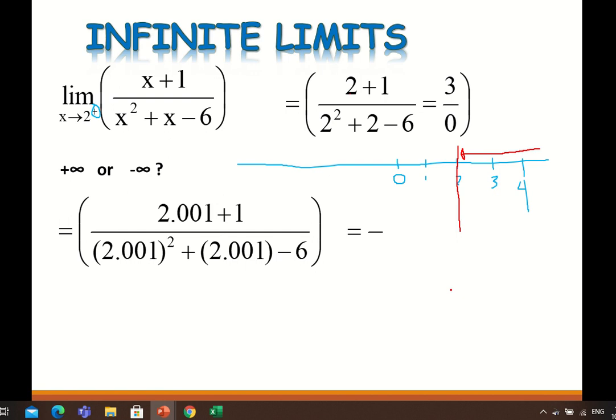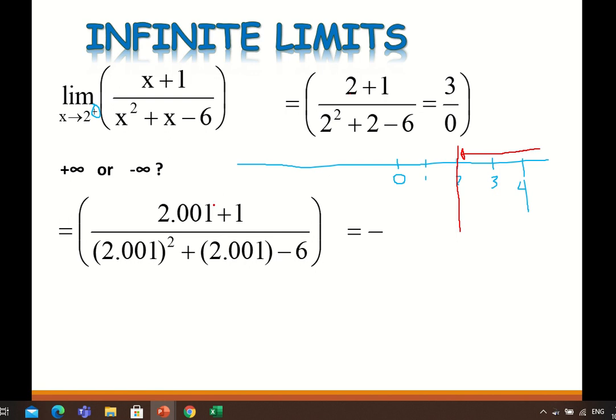So it means very close to 2, it's not 1.999, because 1.999 is coming from the left. We are given plus, so coming from the right, it means very close to 2, so that is 2 point something, right? So you can say 2.001.